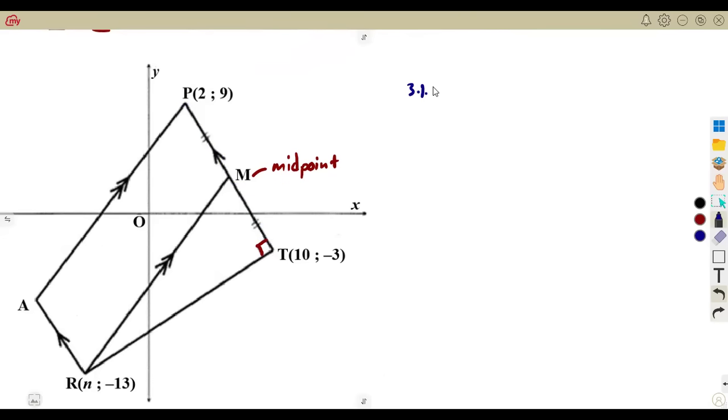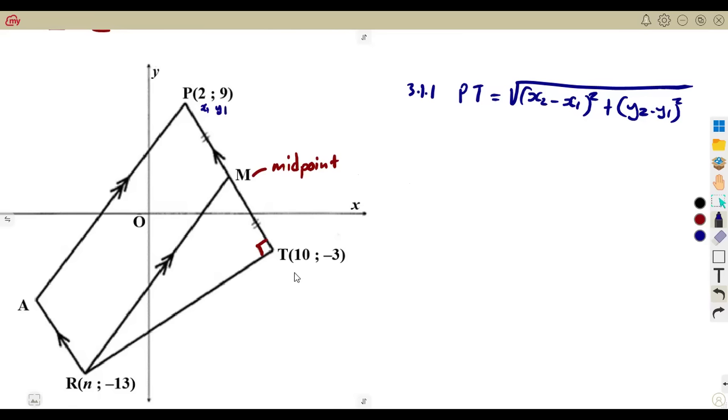So we can determine the length. Remember, the length of a line is taken from the distance formula, the square root of x2 minus x1 squared plus y2 minus y1 squared. So depending on the way that you have presented your values, you can say this is your x1, this is your y1, this is your x2, this is your y2.